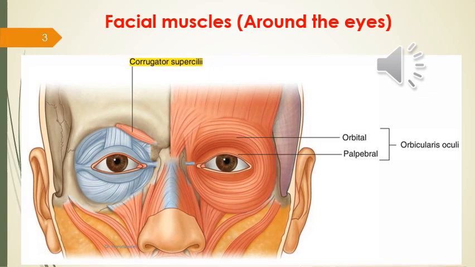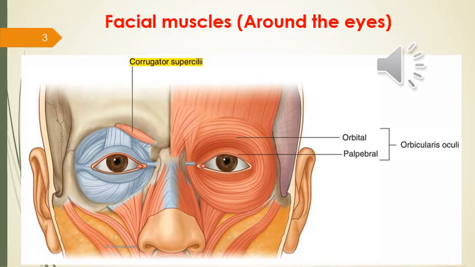And the corrugator supercilii originates from the medial part of superciliary arch and is attached to the middle skin of the eyebrow.